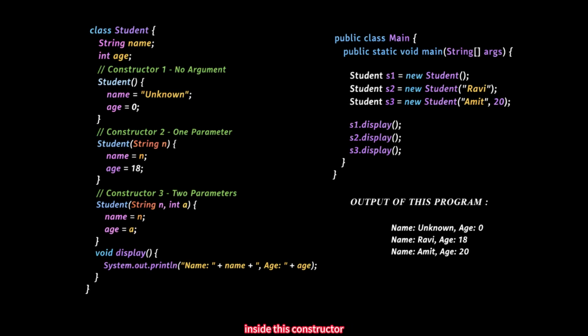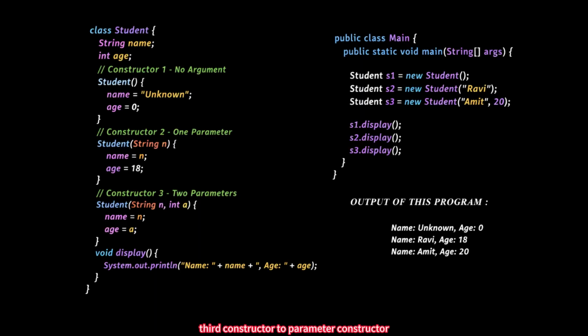Inside this constructor, we assign the class variable name the value passed through parameter n using name equals n. So whatever value is passed while creating the object will be stored in the class variable name. Then we set age to 18 using age equals 18. So this constructor sets name equal to the passed value, age equal to 18.